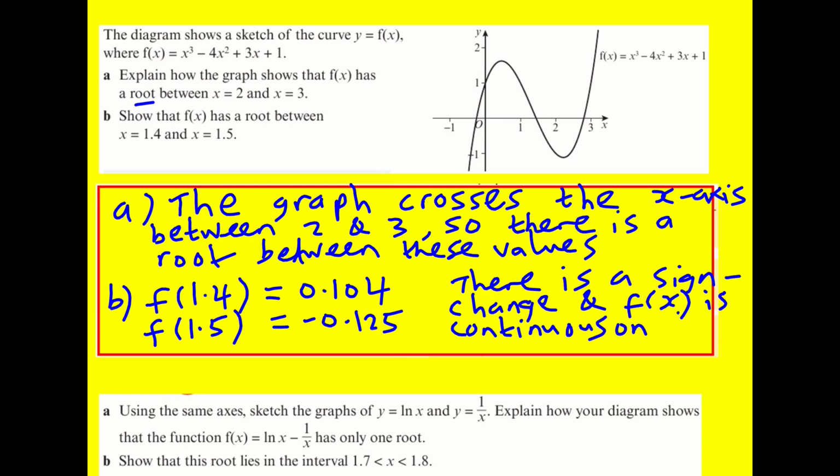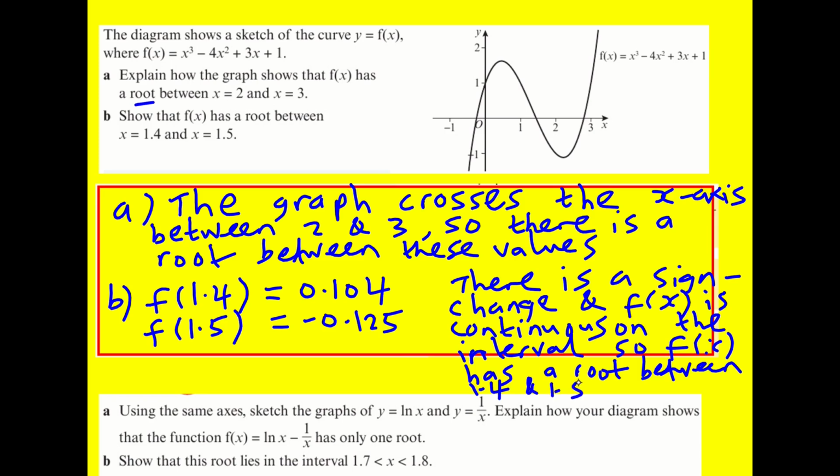I'm even going to write on the interval. So f of x has a root between 1.4 and 1.5. Actually, it has at least one root, but the question just said show it has a root.